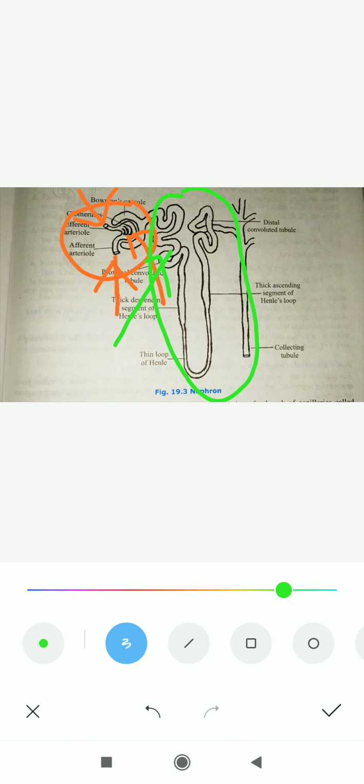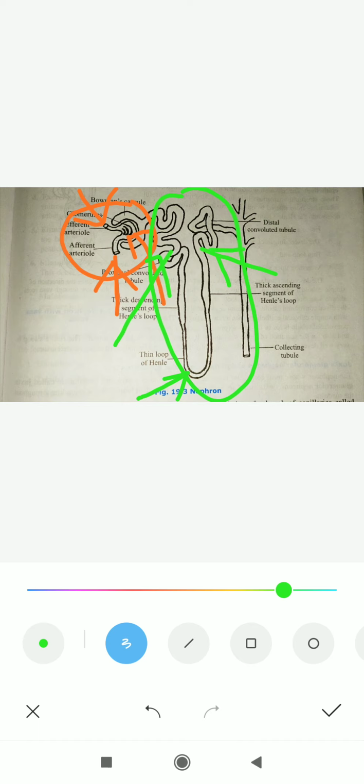The first part, which you can see, is a coiled structure connected to Bowman's capsule, known as proximal convoluted tubule. It means PCT, proximal convoluted tubule. The next part is this one. This part is the loop of Henle, or we also call it Henle's loop. The third part is this one.